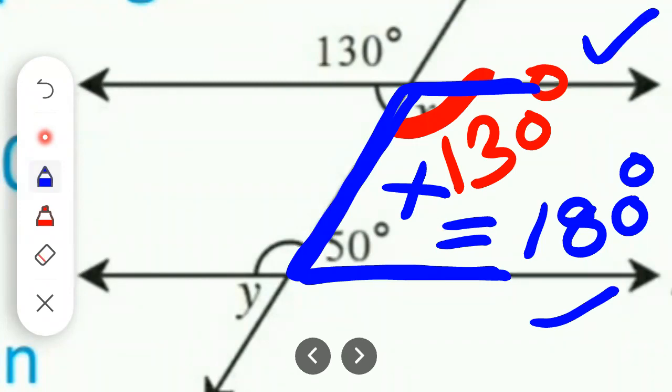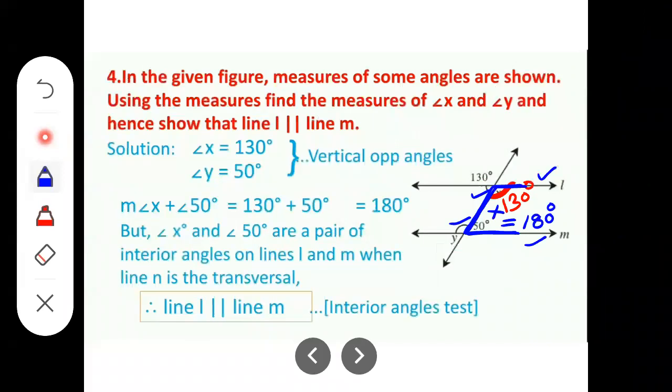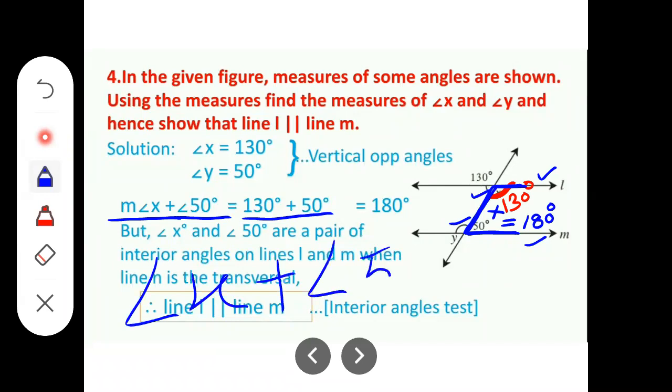So let's write it. Do the sum of both the angles: x plus 50 equals 180. Write the equation like this: measure of angle x plus angle 50 degrees equals 180 degrees.